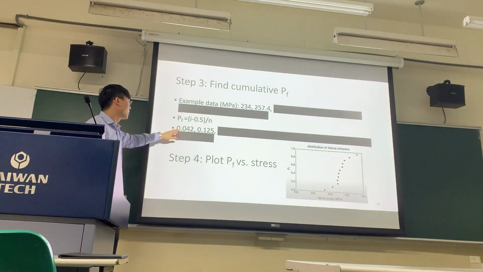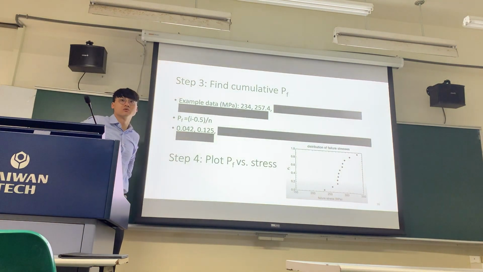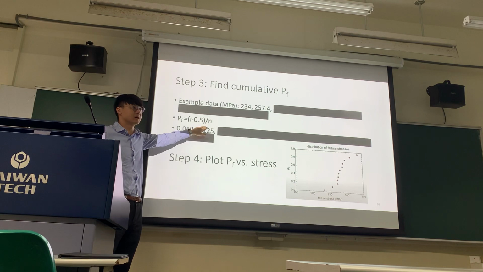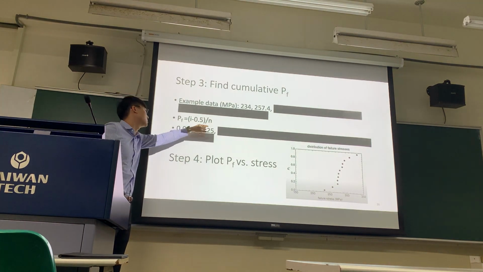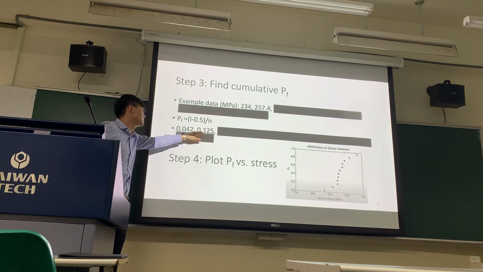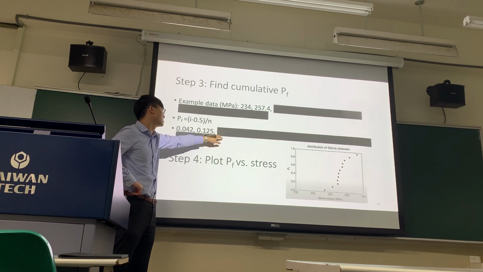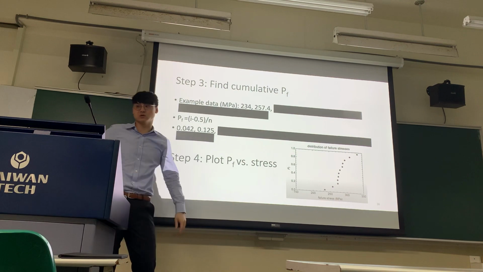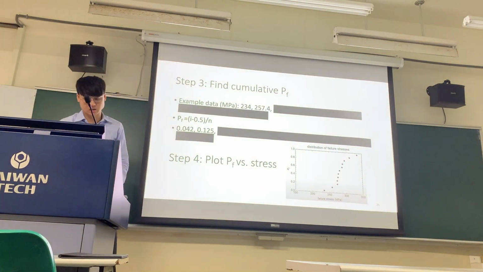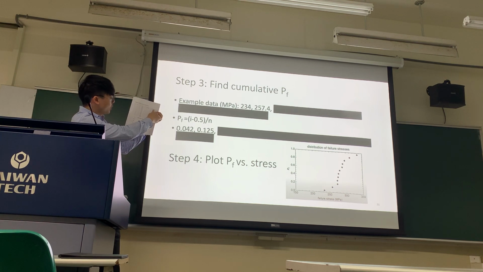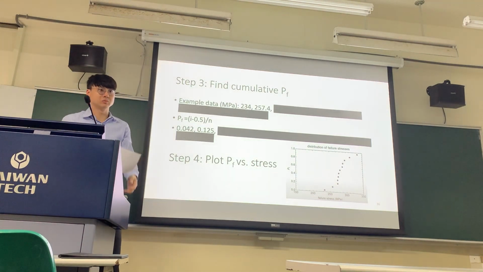0.042 is 1 minus 0.5 divided by 12. 那这个是2减0.5除以12，那下面就是3减0.5除以12，4减0.5除以12，一样子。Please go ahead and do the calculation from 1 to 12 and put the probability down.